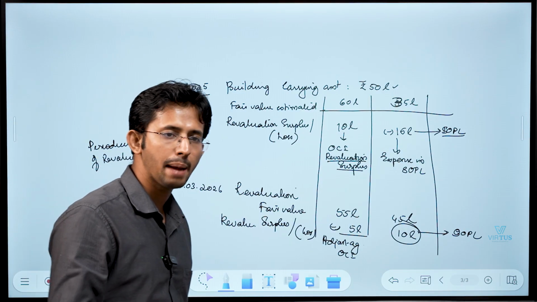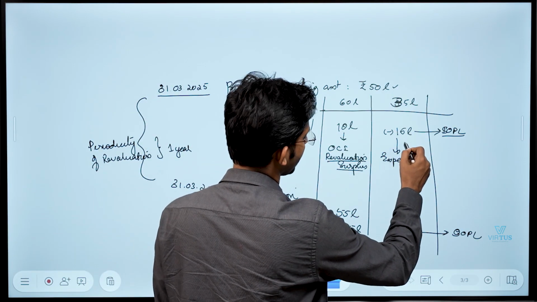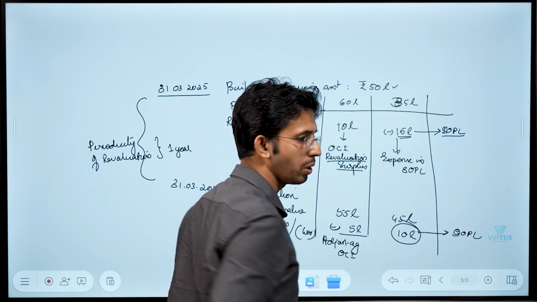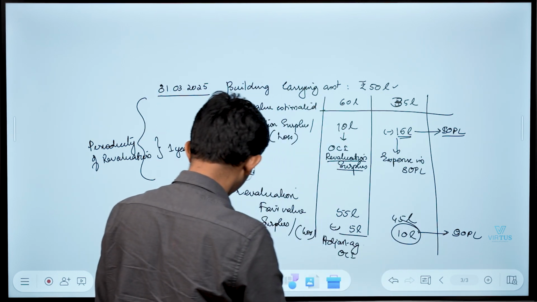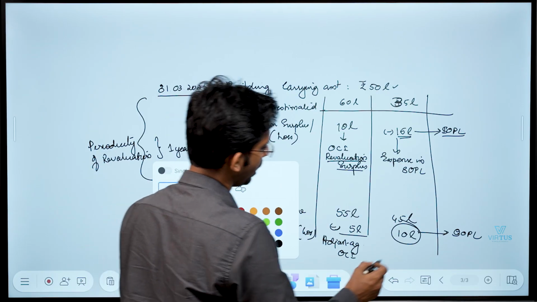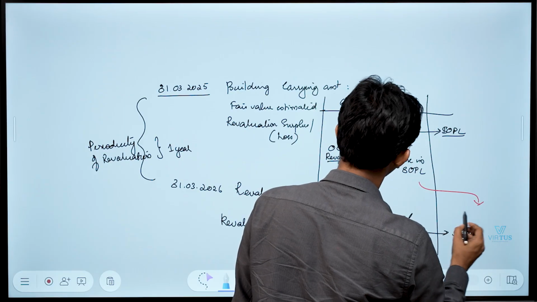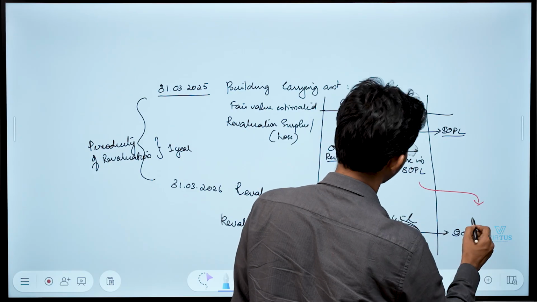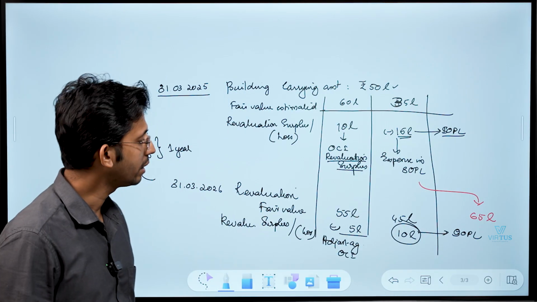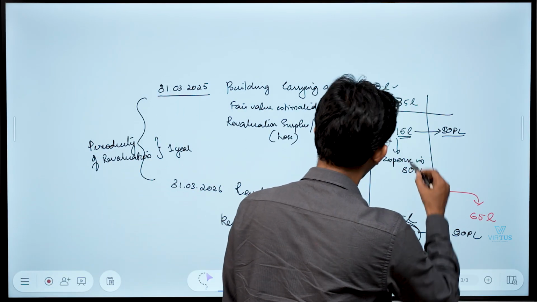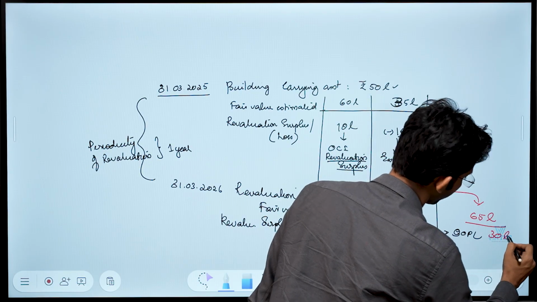Now the same thing I am going to change a bit. Here what you have already recognized is 15 lakhs in the statement of profit or loss. Now let us say the revalued amount, instead of 45, was 65 lakhs. Then what is the revaluation gain? Here 35, 65, so 30 lakhs is the total gain.